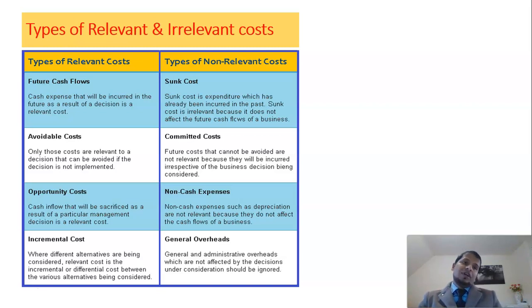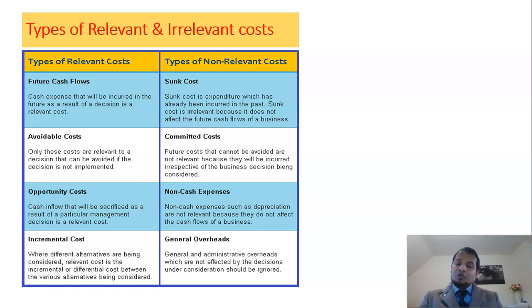General overhead is usually spent in the head office and allocated to different branches, and it usually doesn't change because of making a decision. These are irrelevant. So we should understand clearly which one is relevant and which one is irrelevant, and then we can use that information for making decisions.